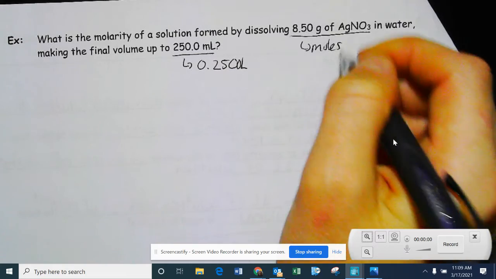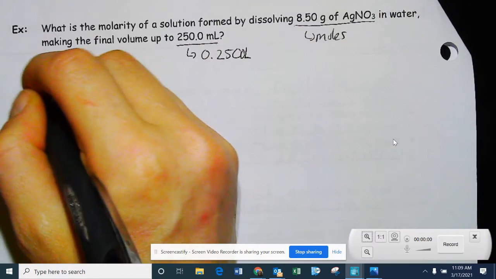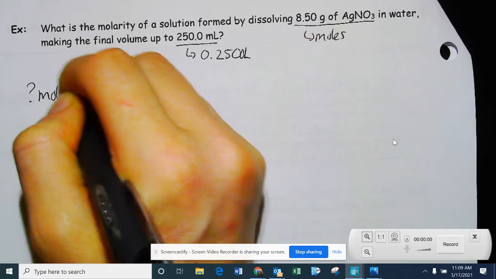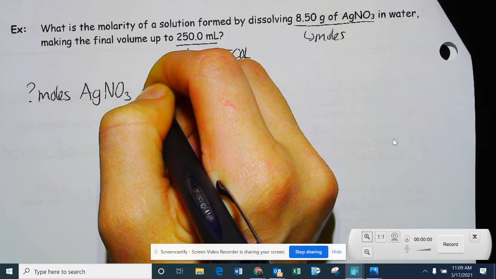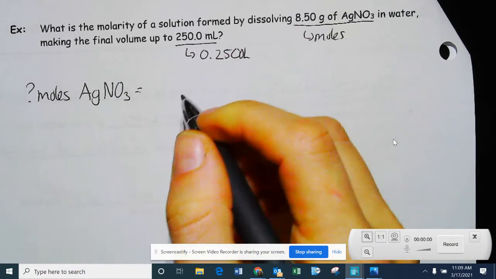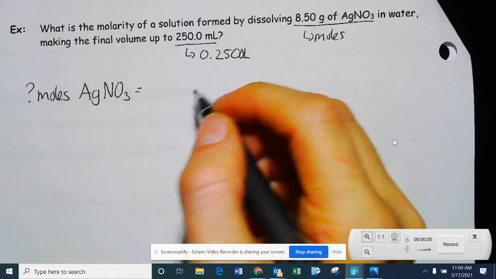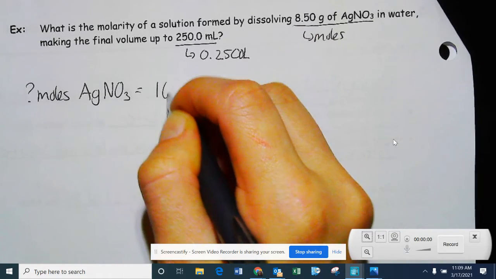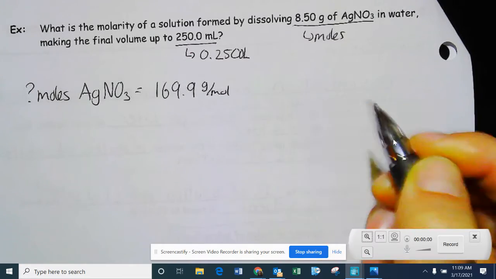Okay, and then the moles part, you want to do the calculation a little more thoroughly. So how many moles of silver nitrate do I have? So silver nitrate, the molar mass of it is 169.9 grams per mole.